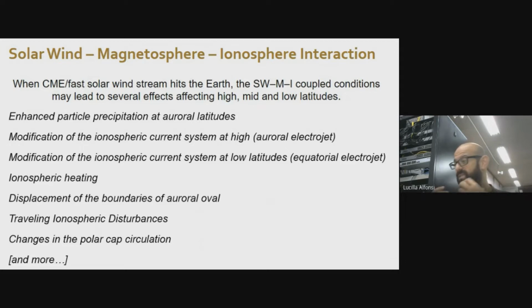So these are basically global phenomena, starting from the injection of energy at high latitude and traveling down to the equator.